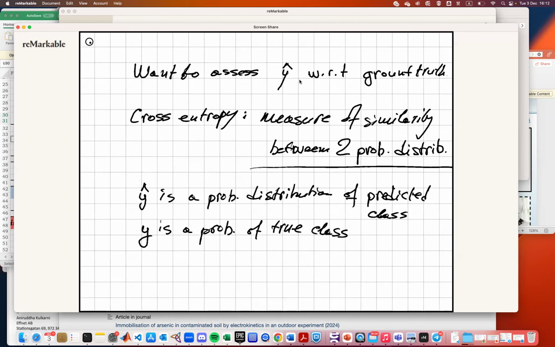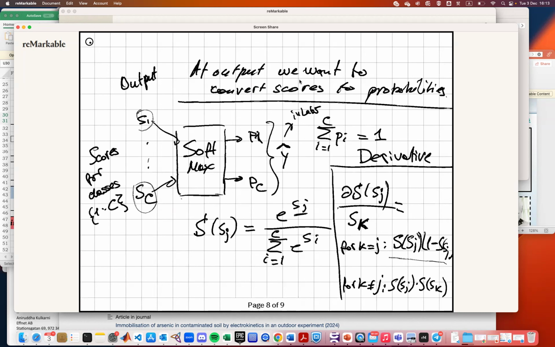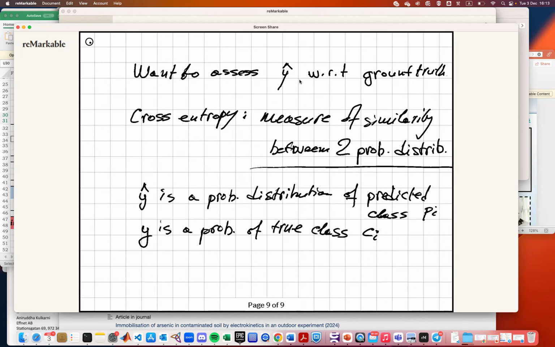Right? Ci. So we denote it as Pi in the previous notations. So Pi and Ci is the probability of the true class.